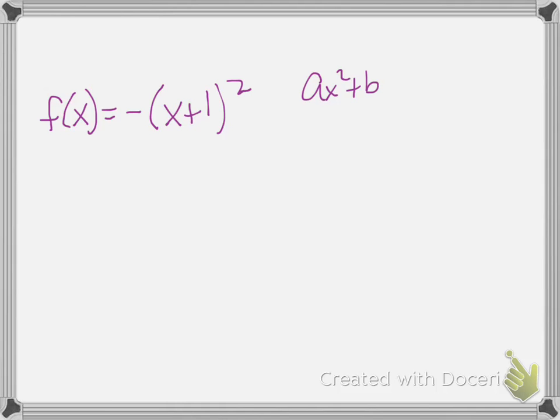Let me write it here. So the next one they had in the textbook is f of x equals negative (x plus 1) squared. Okay, so this one isn't in that ax squared plus bx plus c form.